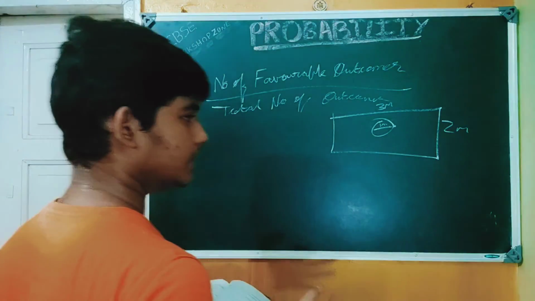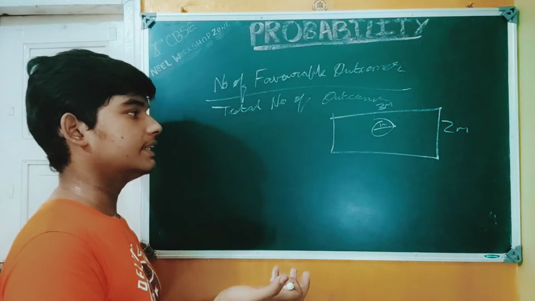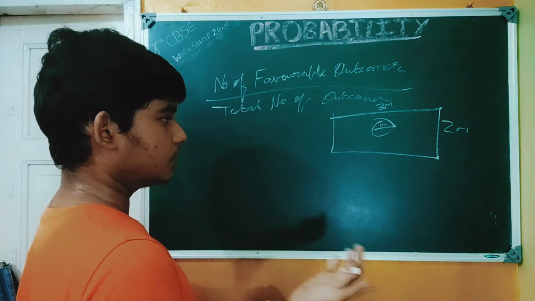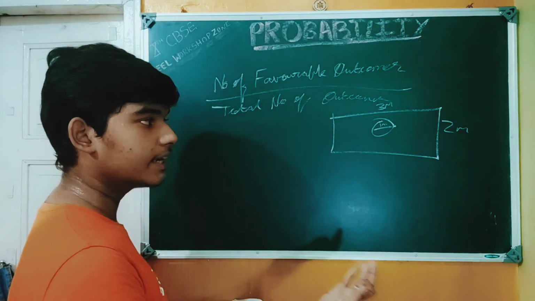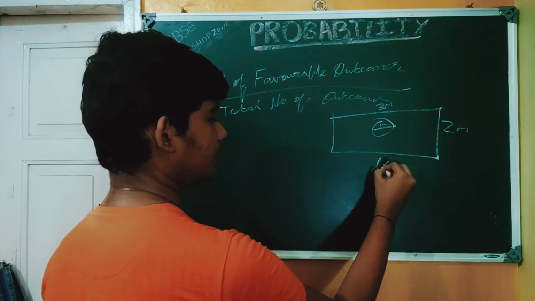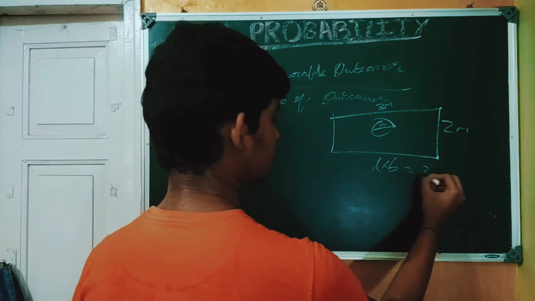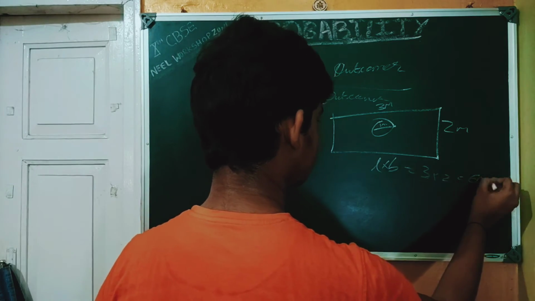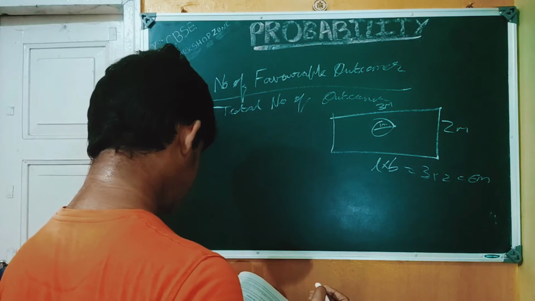So to do this, we obviously need the formulas. The formula for the area of the rectangle is L into B. So 3 into 2 is equal to 6 meter squared. Next is the circle with 1 meter diameter.